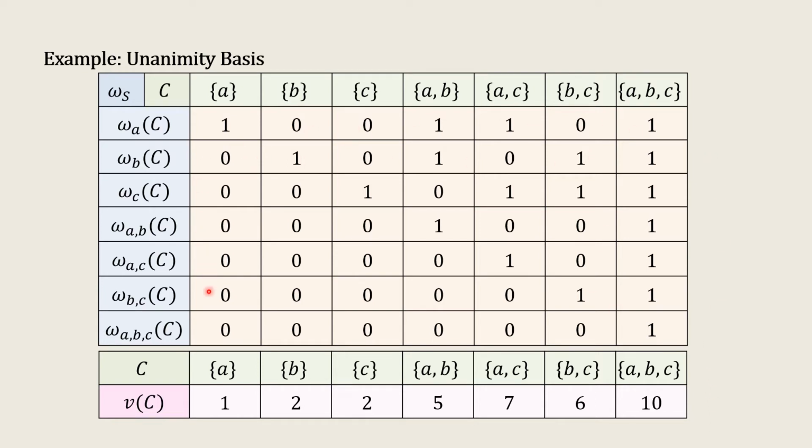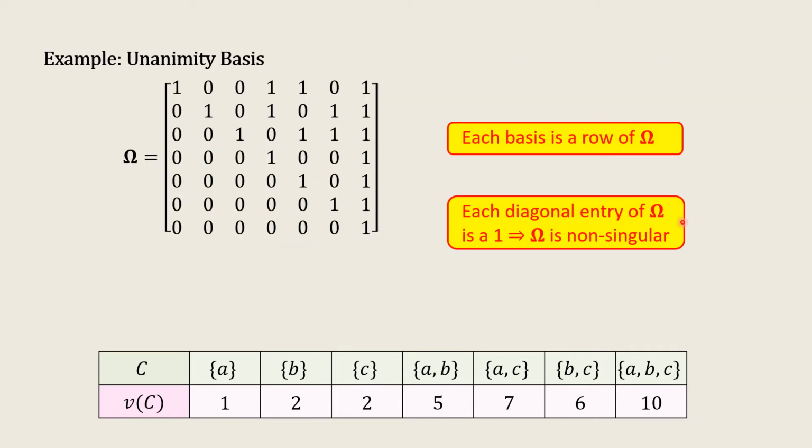So next, as I said, I'll form a matrix out of all these zeros and ones. So this is my matrix. I'll call this uppercase omega, bold omega. It's a matrix. And each row is a unanimity function. So each row of this matrix is a basis vector.